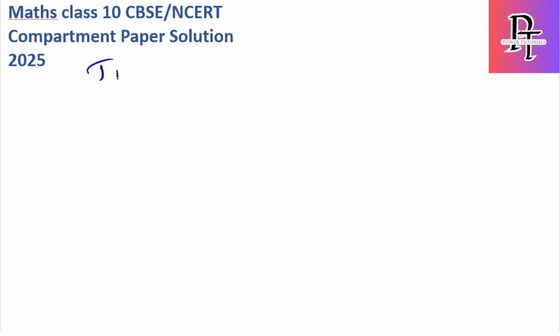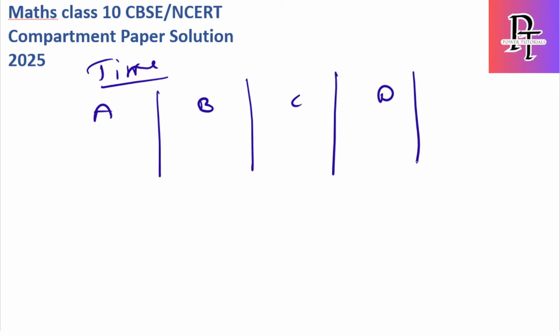So for time, I am explaining the time constraints here. We have Section A, B, C, D and E. In Section A we have 20 questions, but these are 1 mark questions, so just try to complete it in 20 to 25 minutes.